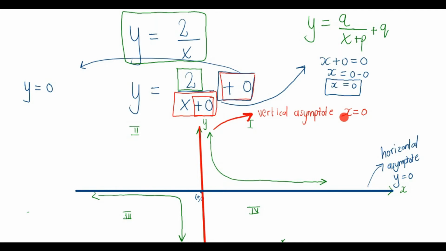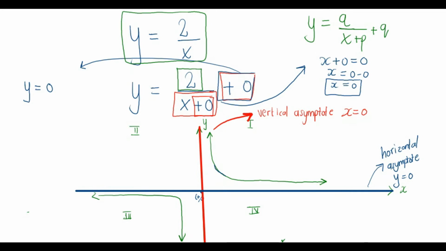A hyperbolic function that has a vertical asymptote of x equals 0 and a horizontal asymptote of y equals 0 never touches your x-axis, and never touches your y-axis.